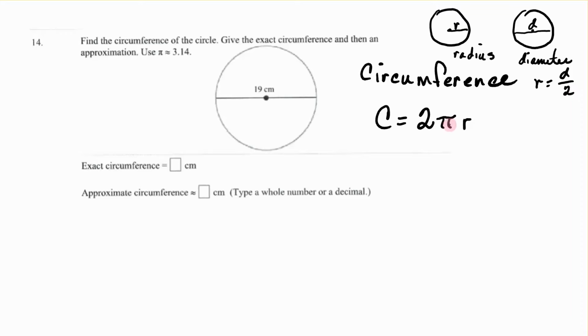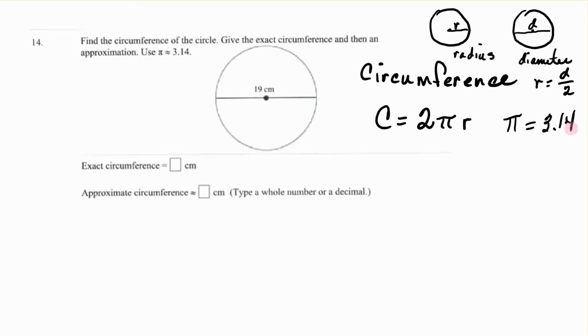Pi is an irrational number. We talked about in finance an irrational number called E. It was Euler's number. Pi you're probably more familiar with. You are used to using pi is 3.14.